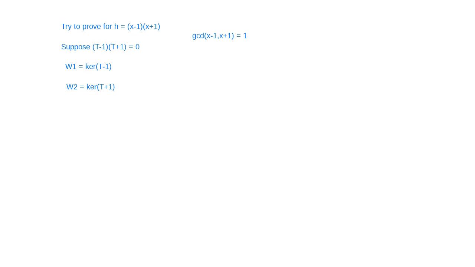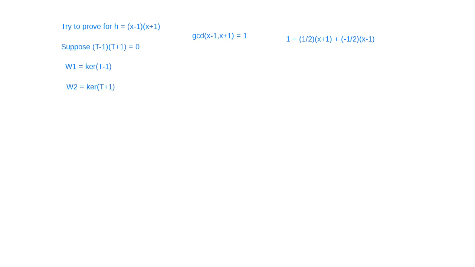Another way to see this is that 1 is equal to a half times x plus 1 plus negative a half times x minus 1. You can just check that a half times x plus 1 plus negative a half times x minus 1 gives you 1.